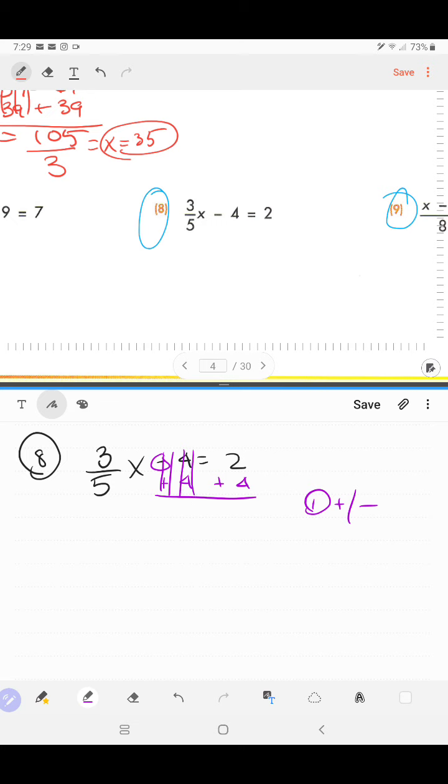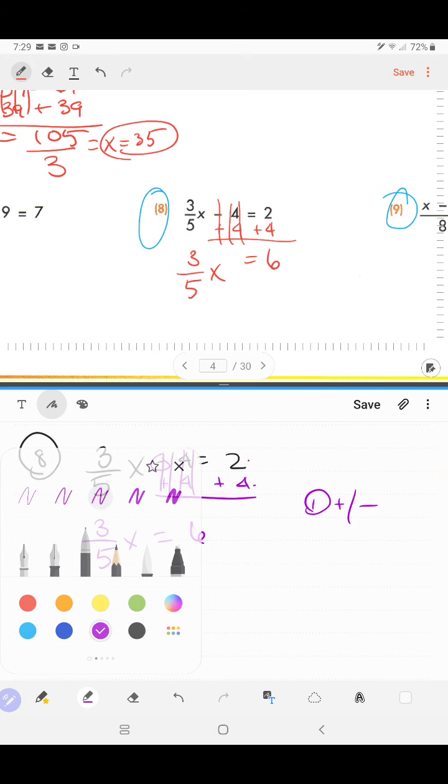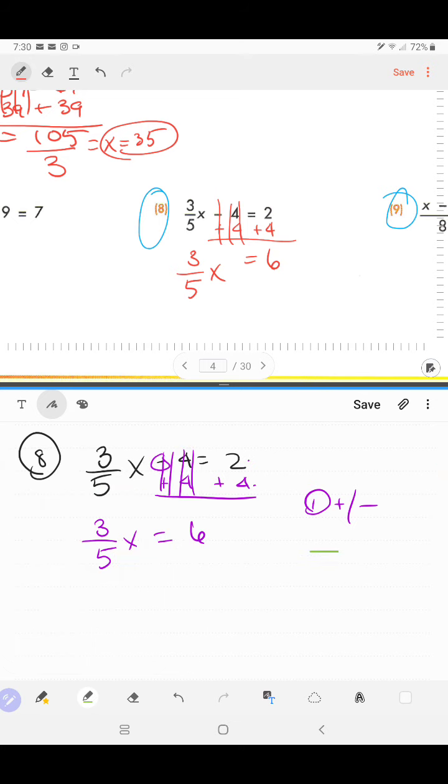Cancel. Bring down 3, 5x equals 2 plus 4 is 6. Second step is to multiply or divide.